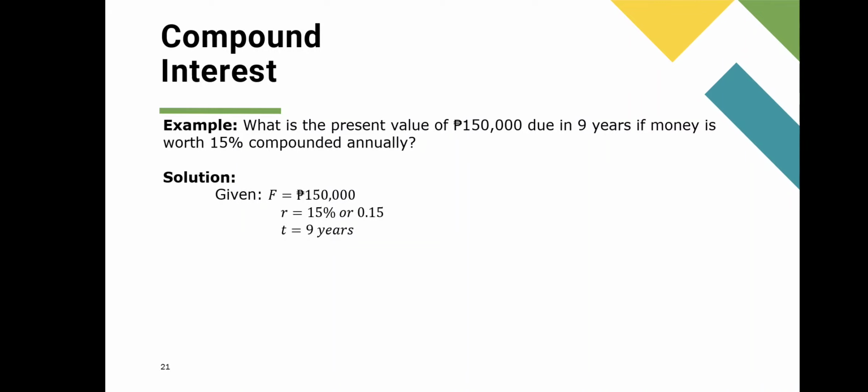And the time is 9 years. We substitute that in our formula F over 1 plus r raised to t. That will give you P equals 150,000 over 1 plus 0.15 raised to 9.